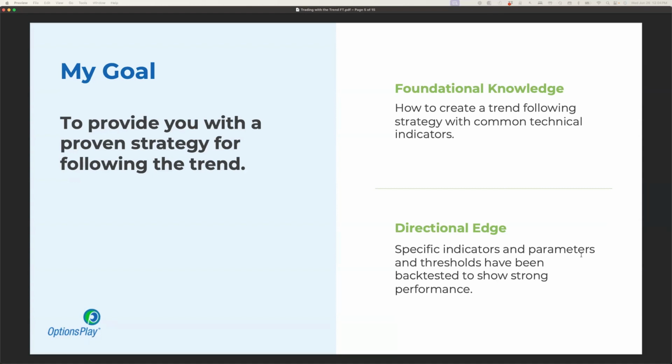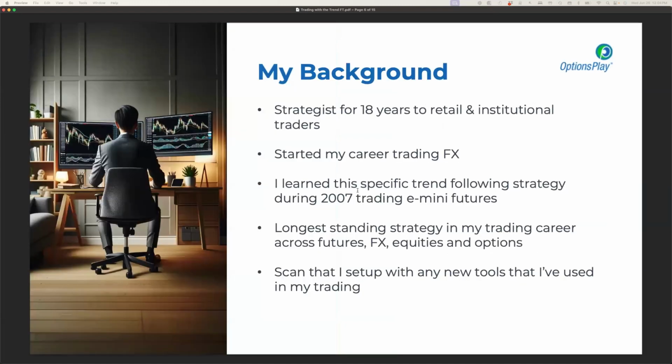Specifically, we're going to talk about using those indicators for a directional edge, which indicators and parameters have been back tested to show strong performance. That's what we're going to hone in on during today's session, and specifically how to find those exact opportunities using the Options Play platform.